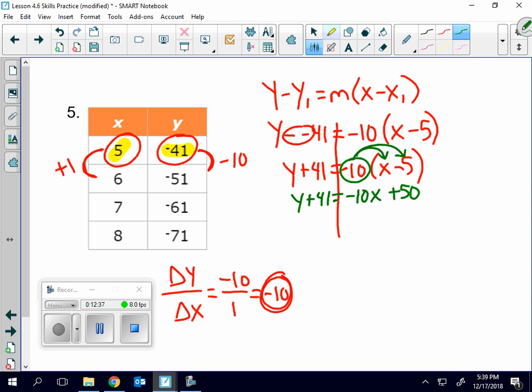Don't forget your equal sign in the middle. And just solve for y. Subtract 41 from both sides, which leaves me with y equals negative 10x plus 9. 50 plus a negative 41, which also means 50 minus 41, which is 9.